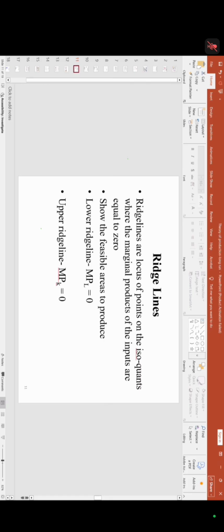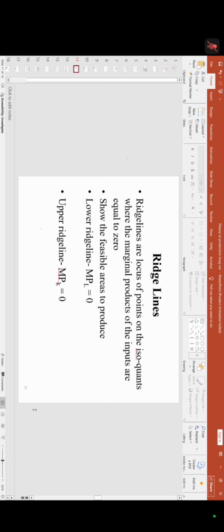Okay? So this feasible area you are going to identify like this. The lower ridge line explains MP, so through these marginal product lines you interpret the ridge lines. The lower ridge line explains the marginal product of L.